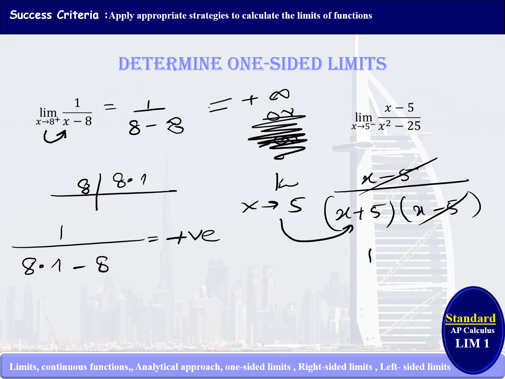On the top, nothing means 1 over 5 plus 5. So the answer is 1 over 10. If you get a number, then very good, you are on the safe side. But if you don't get a number, and you get a 0 in the denominator, then for a one-sided limit, if the denominator is 0, the answer is either positive or negative infinity.